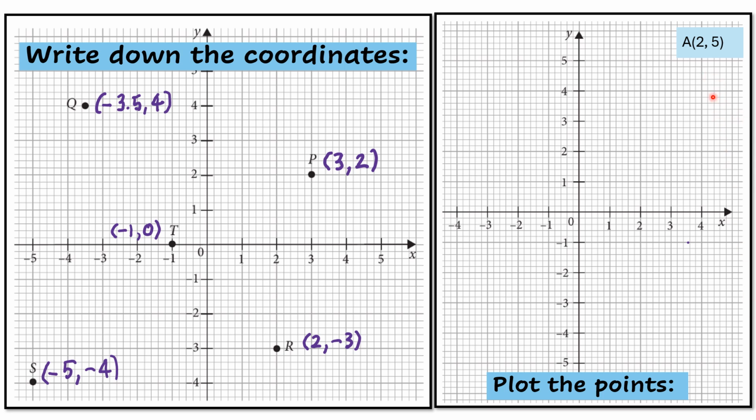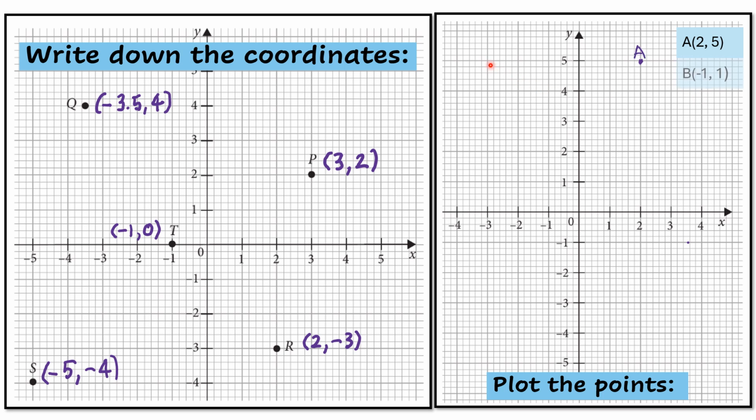The first value on the left is always the x, and the second value on the right is the y. So I start off with x, which is 2, and then the y is equal to 5. I move up here to get 5. With this, I am able to get this point here, and I label this point as A.